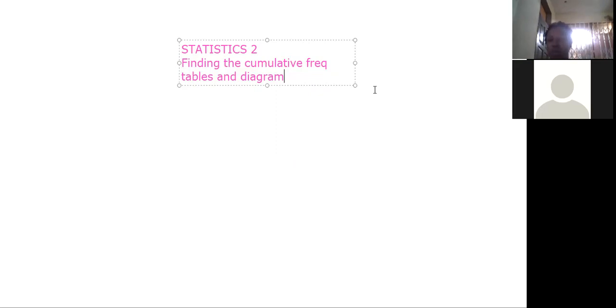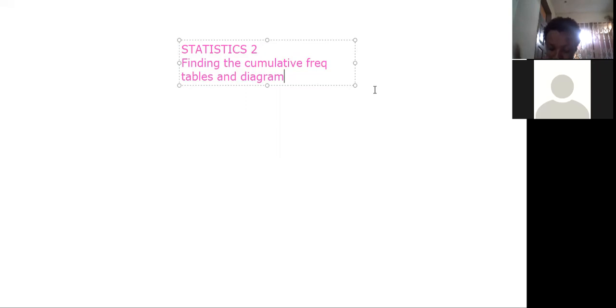Normally in JHS and SHS, we are used to the cumulative frequency, so it's just transferring that into what we are going to do. Usually cumulative frequency tables are constructed on a less than basis, as shown in the illustrative example.